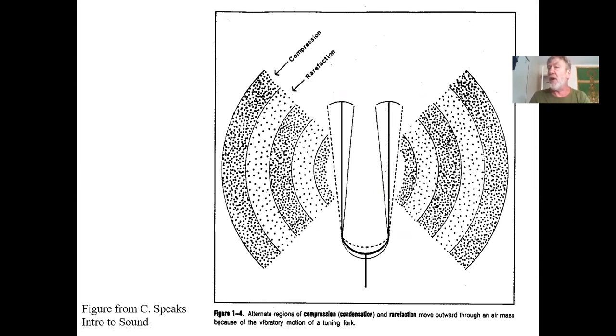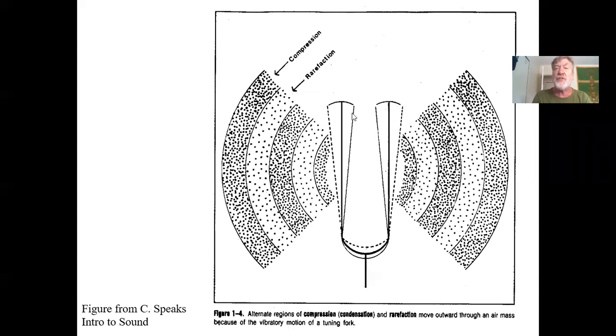Otherwise, the molecules in air are just randomly moving around, and that's called Brownian motion. It's in your notes, but I'll take you there in just a second. When you make a sound, you are propagating a change in the density of the elastic medium. All of a sudden, you're making some order to the random Brownian movement.